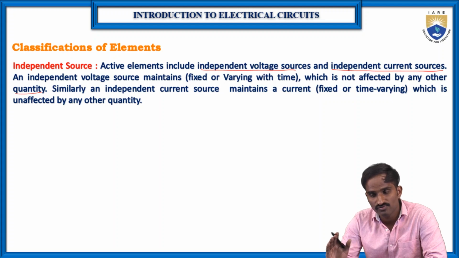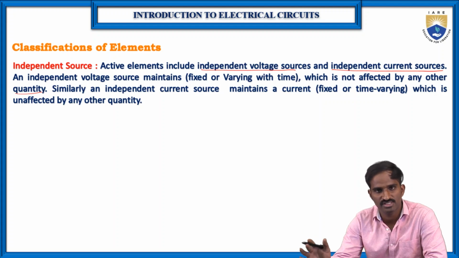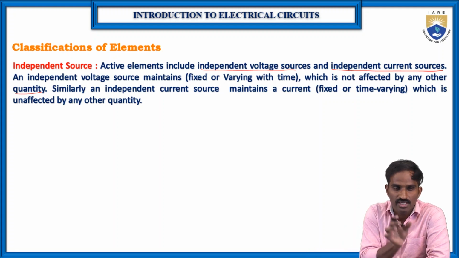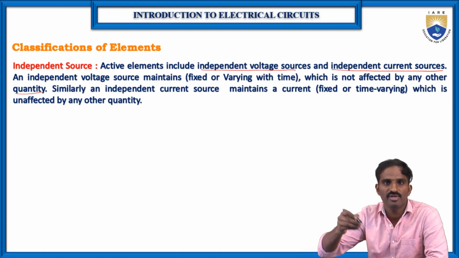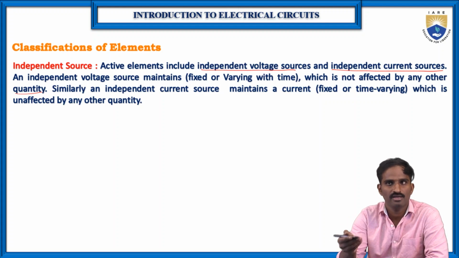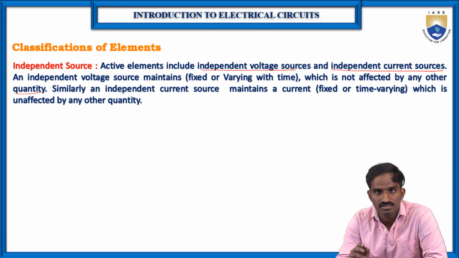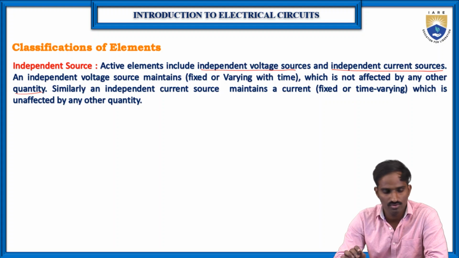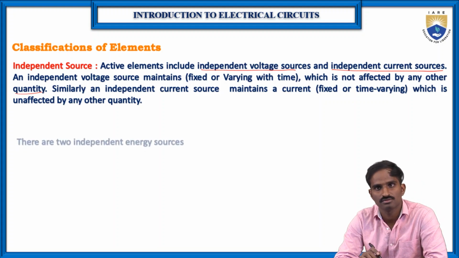The value of the source, either voltage or current, is independent and will not depend on any other element in the circuit. Similarly, the current source also maintains a fixed current, which is unaffected by any other quantity in the circuit. That is what is meant by the independent source.